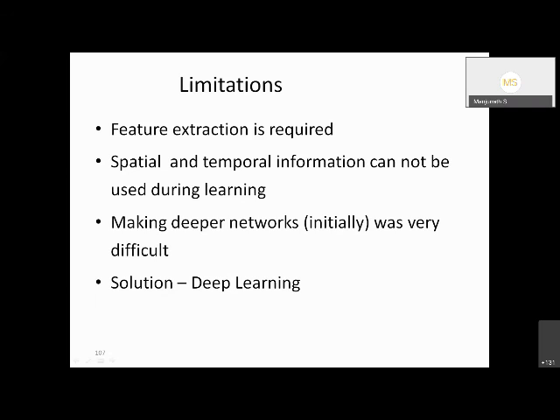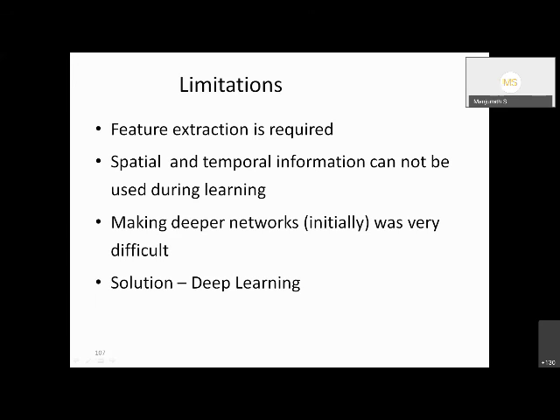For that I need to spend too much time. So can we come up with a mechanism where this feature extraction can be done automatically by the system? I will not bother about the data. I will just feed the data to the system, and the system should be able to identify suitable features for learning.